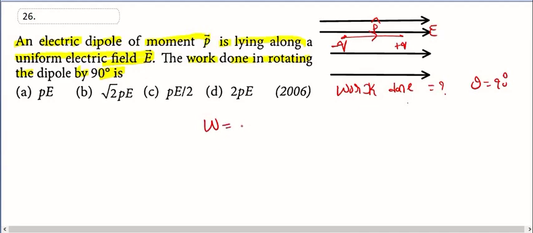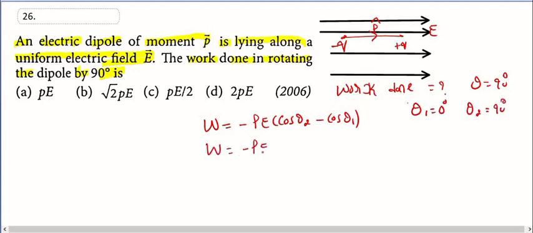What is the formula for work done? Work done is equal to minus PE cos theta 2 minus cos theta 1. What is theta 1 here? Theta 1 is equal to 0 degree, theta 2 is equal to 90 degree. So now you have to put the value: minus PE, cos 90 minus cos 0.